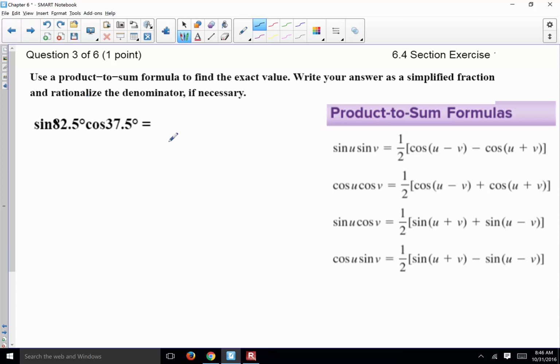Okay, how about this one again? So which formula are we gonna use this time? I don't think it's this. It's not that. We have sine first, cosine second. So I'm gonna go with this. All I need to do is make u into 82.5, v into 37.5, and simplify.